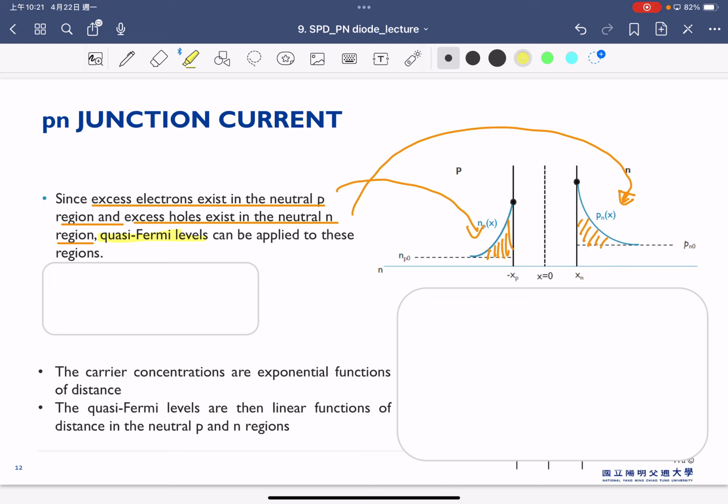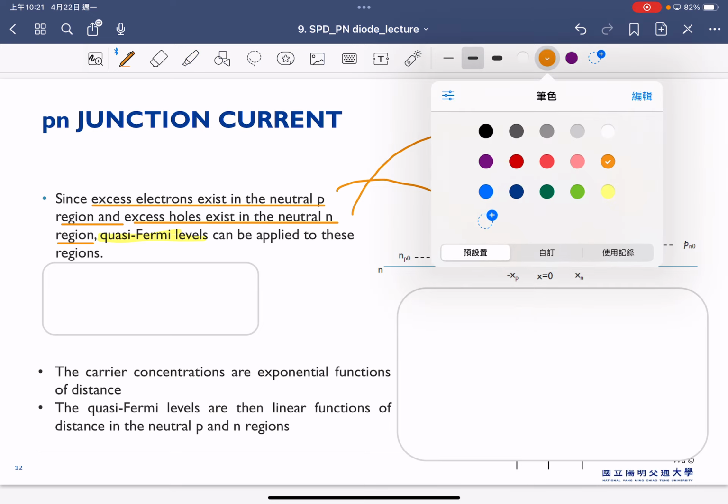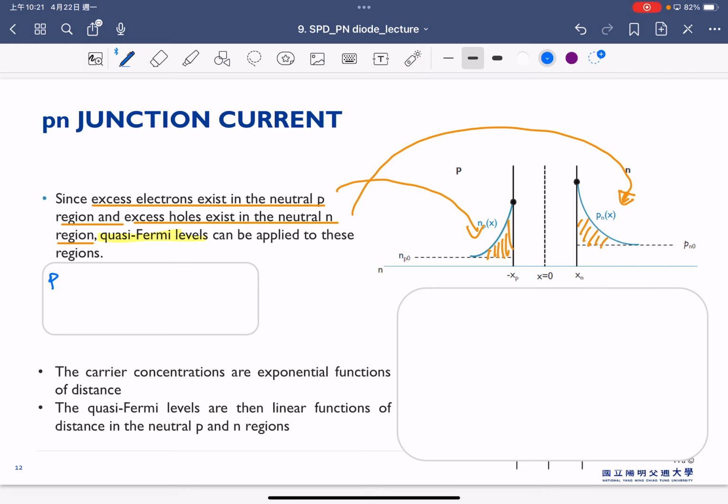So therefore, the total hole concentration is equal to P0 plus delta P, right?